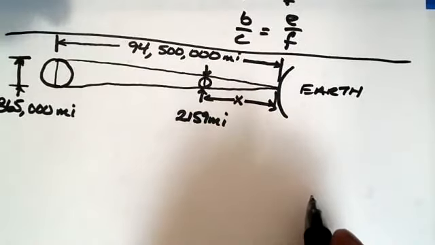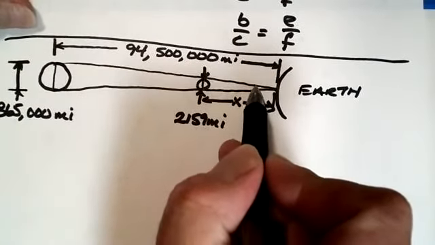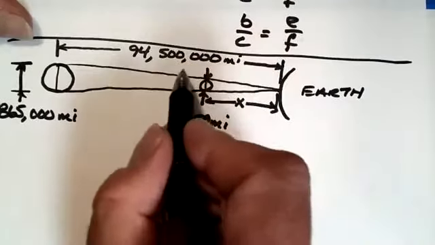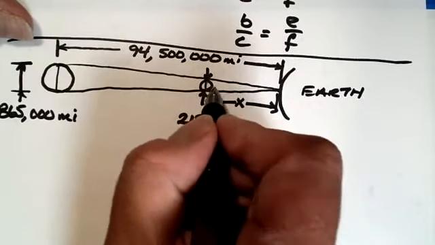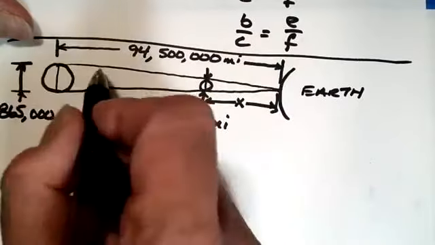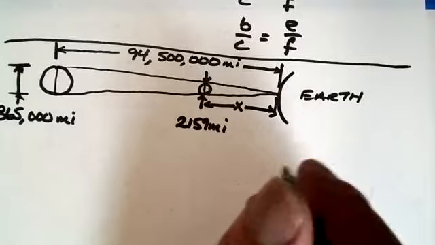Well, those have to be similar triangles. They have this angle that's the same for both of these triangles. And then you have an isosceles triangle here, so these angles are equal to each other. The sum of all three adds up to 180. Same thing with this triangle. It turns out that these are in fact similar triangles.